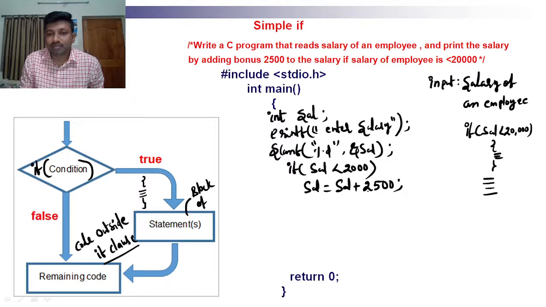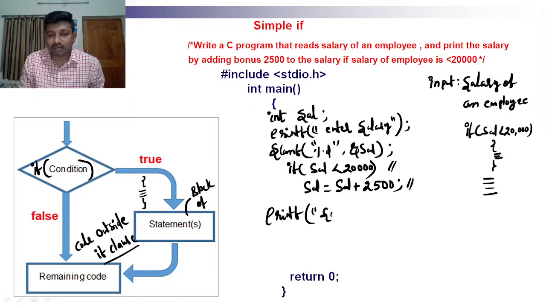Am I right? This will be true only if the salary is less than 20,000. Let me add one more zero. Otherwise this statement will never get executed, so the update of the salary will never happen. If the condition is true, I will update the salary; otherwise I will simply print the salary of the employee.